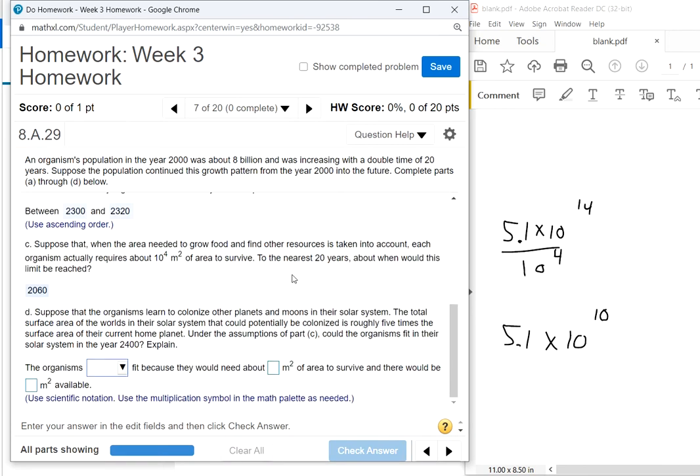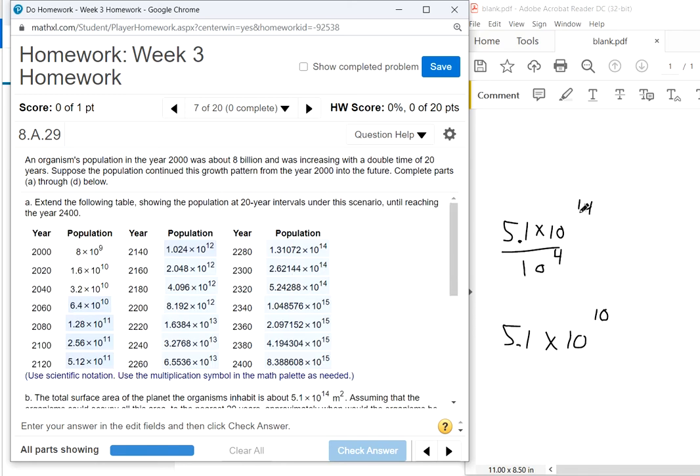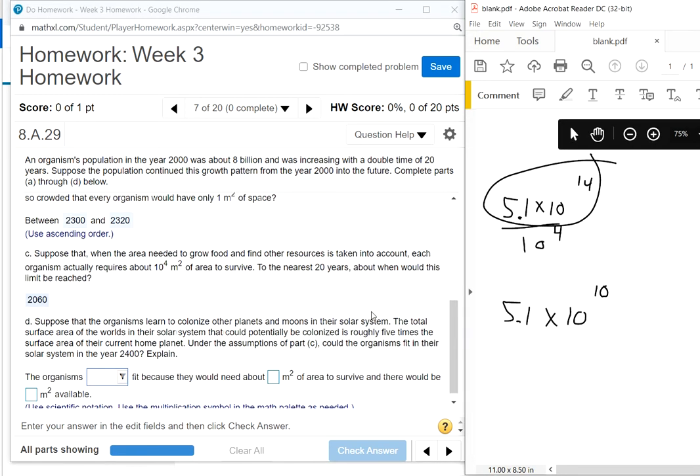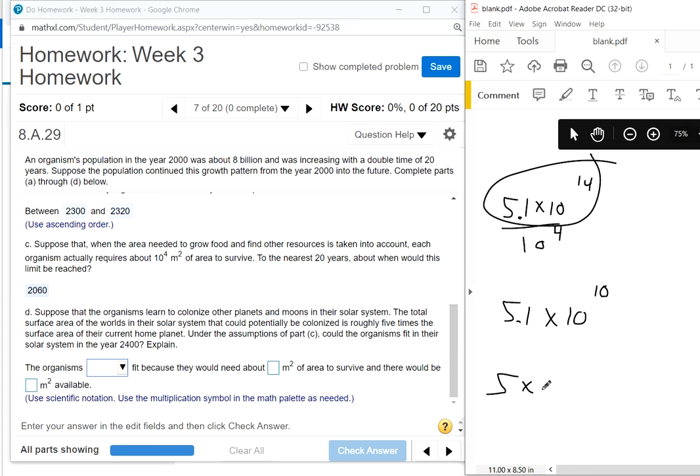This question's crazy. Suppose the organisms learn to colonize other planets and moons in their solar system. The total surface area of the worlds in their solar system that could potentially be colonized is roughly 5 times the surface area of their current planet. So 5 times, this is the current planet, right? So we're talking about having 5 times 5.1 times 10 to the 14th available.